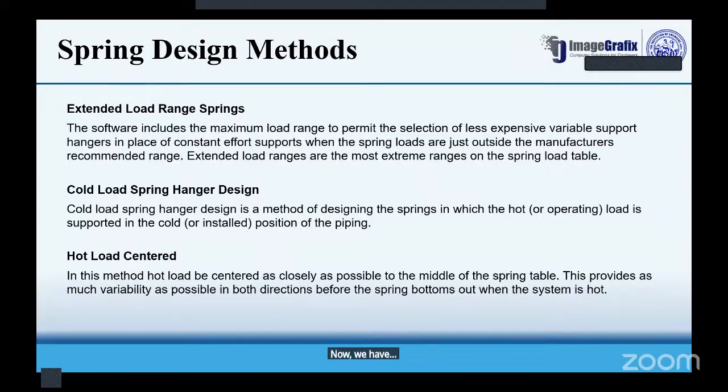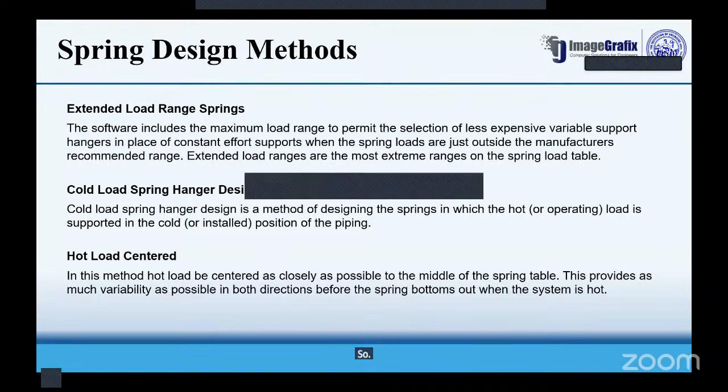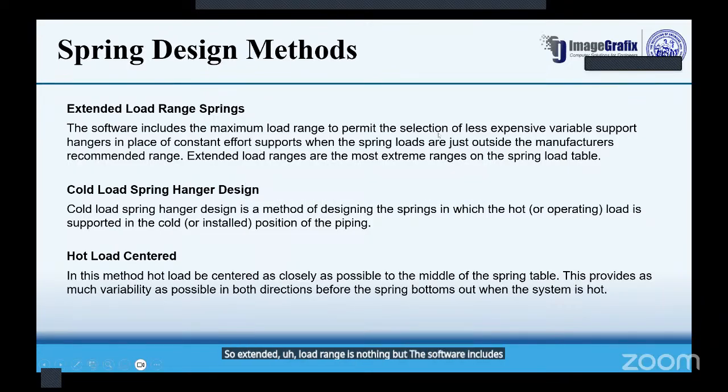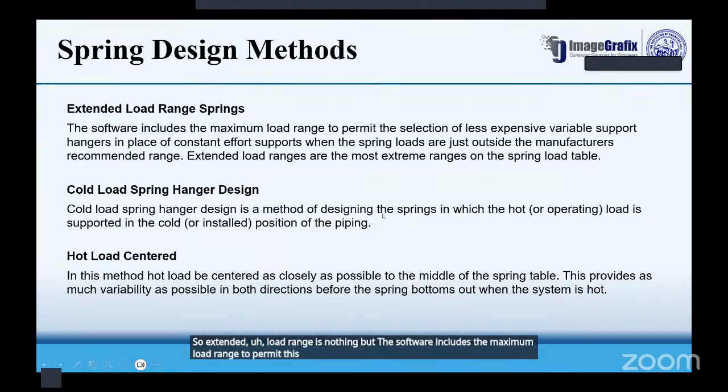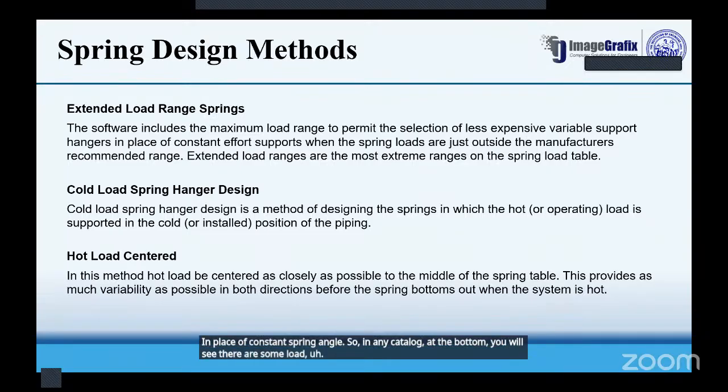Now we have somewhat the middle of a particular size of the spring hanger, but we have other things like extended load range. Extended load range means the software includes the maximum load range to permit the selection of a less expensive variable support hanger in place of a constant spring hanger. In any catalog, at the bottom you will see there is some load range available in the spring hanger catalog.